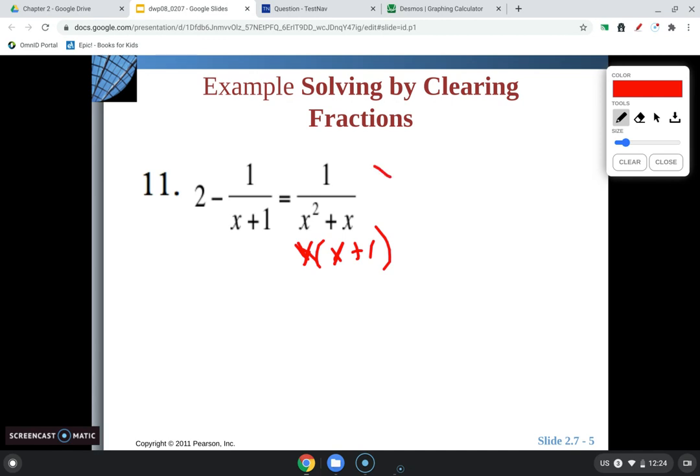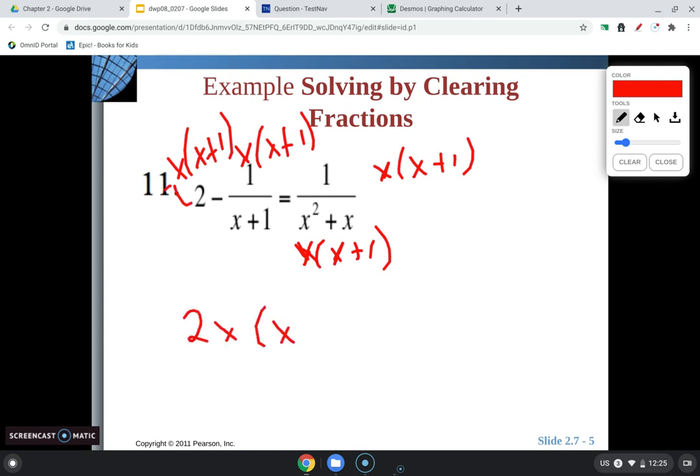So I have to multiply every single thing by x times x plus 1 to clear out my denominator. Okay, so that 2 would go out front, so 2x times x plus 1. Here, the x plus 1 would cancel, so we have minus 1 times x, so minus x. And then here, it would all cancel, so then we would have equals 1.